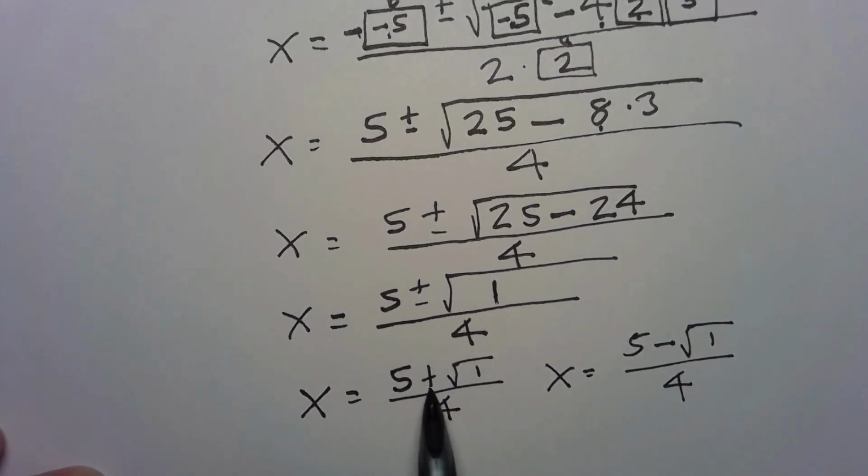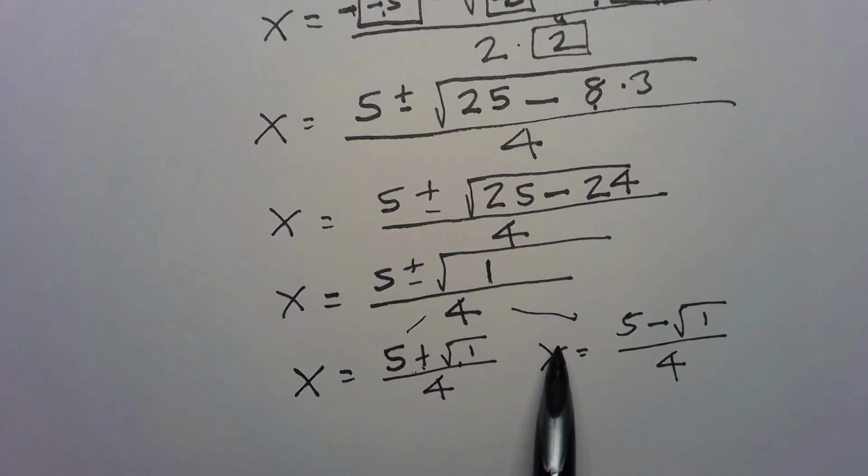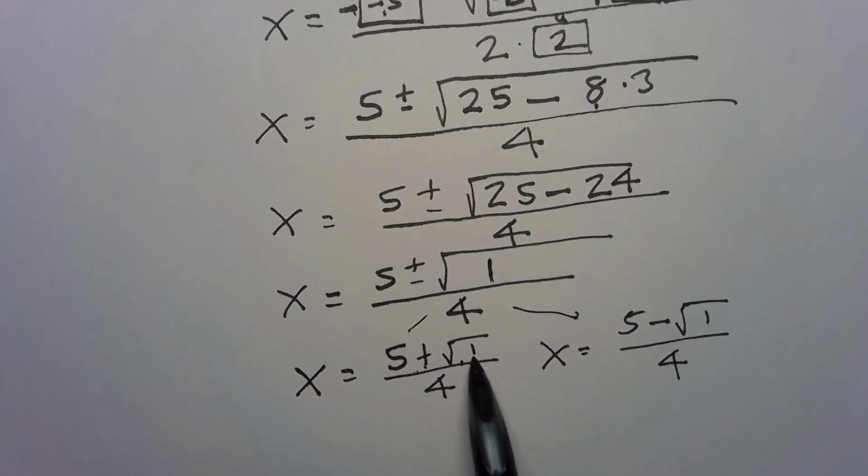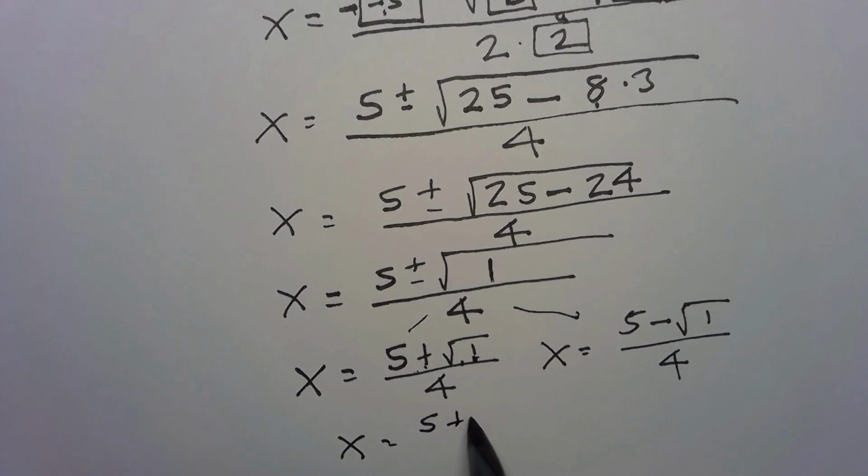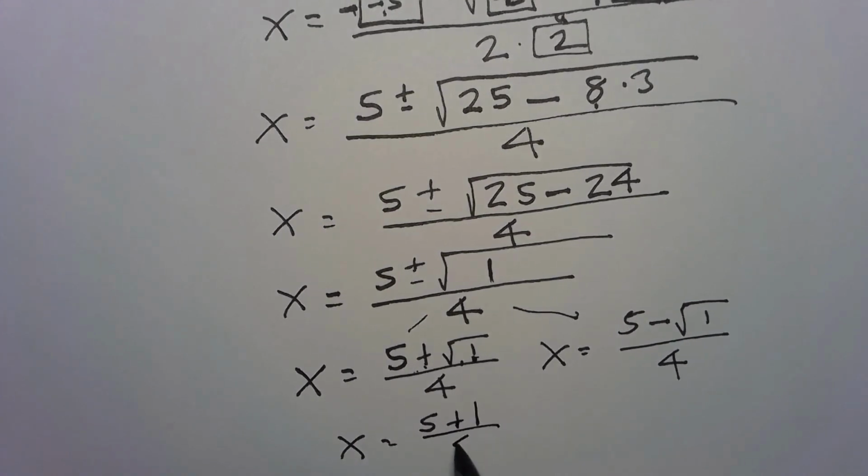So here's the plus one where I'm adding it, and here's the one where I'm subtracting it. I just split it into 2, and as we said, we're going to expect 2 x's. The square root of 1 is 1, right? So we're going to rewrite this as x equals 5 plus 1 all over 4. And over here I've got x is equal to 5 minus 1 all over 4.